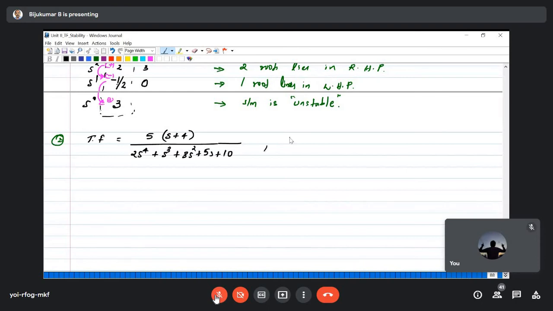Find the number of roots that lie in LHP, RHP, and j omega axis.